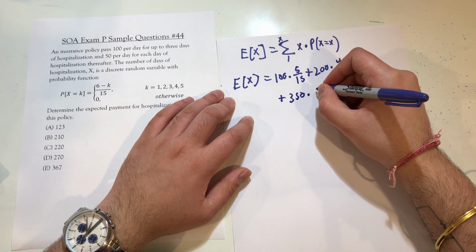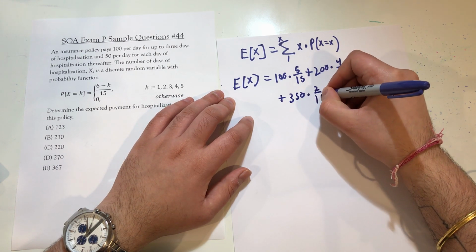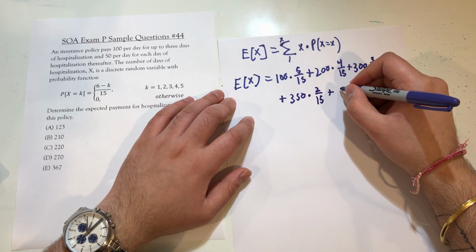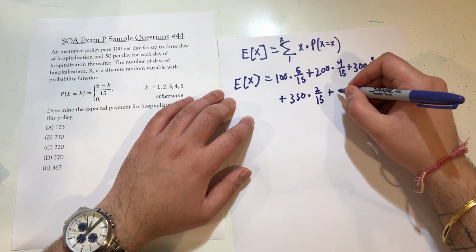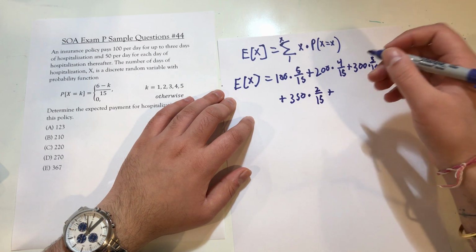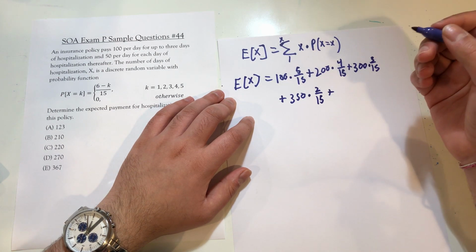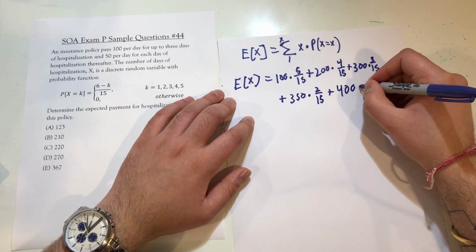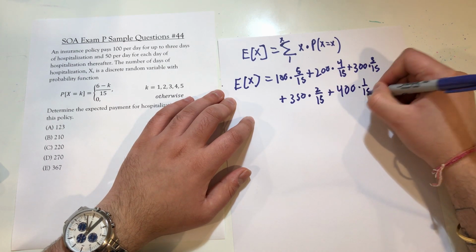That is 2 over 15. Plus the probability of being hospitalized on the 5th day times the amount that you pay on the 5th day, and that's going to be 400 for the amount and 1 over 15 for the probability.